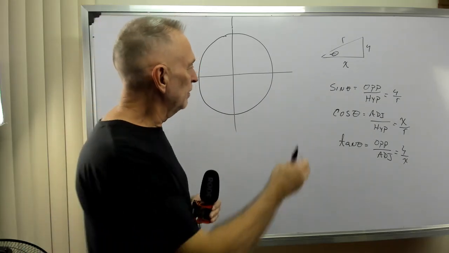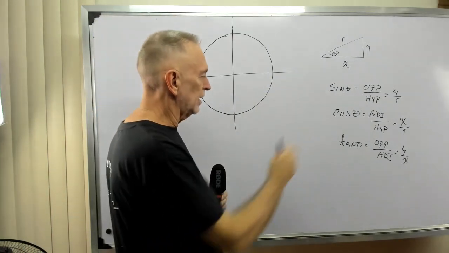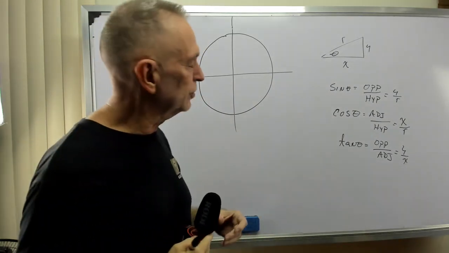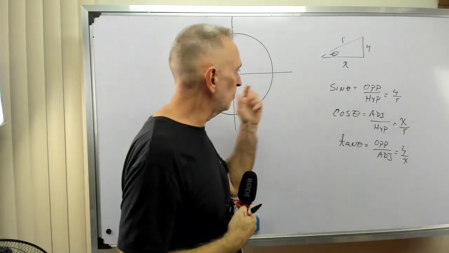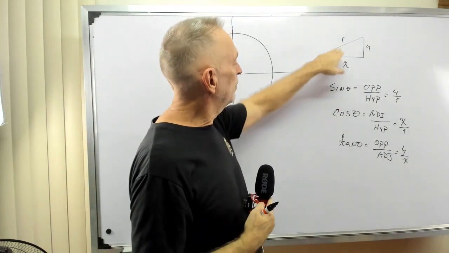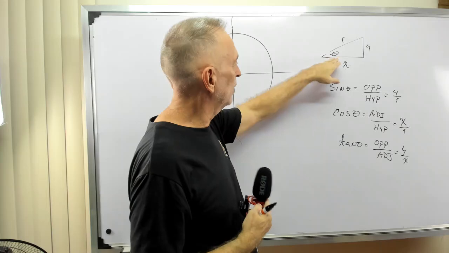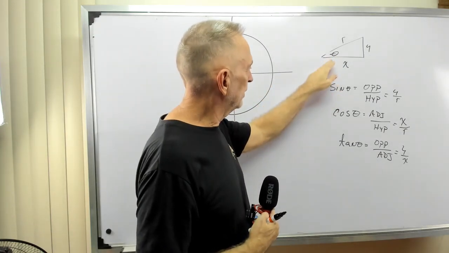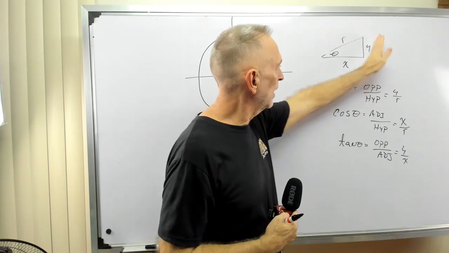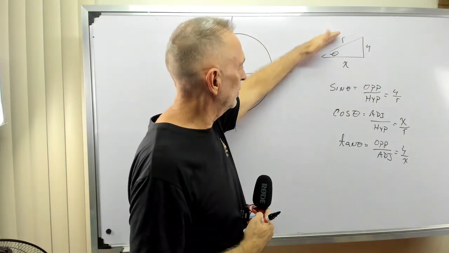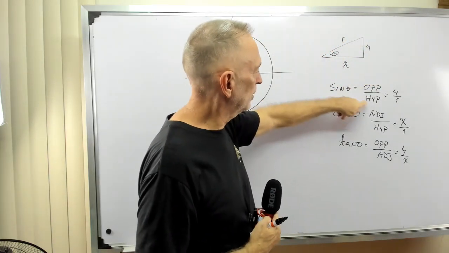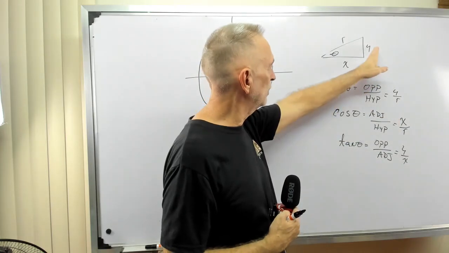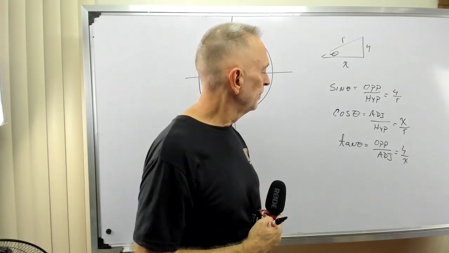All right, we have sine, cosine, tangent functions. So let's just go over what they are for a moment. If we have a triangle and we have an angle theta, then sine of theta would be the opposite side divided by the hypotenuse. So opposite divided by hypotenuse, in this case y divided by r.